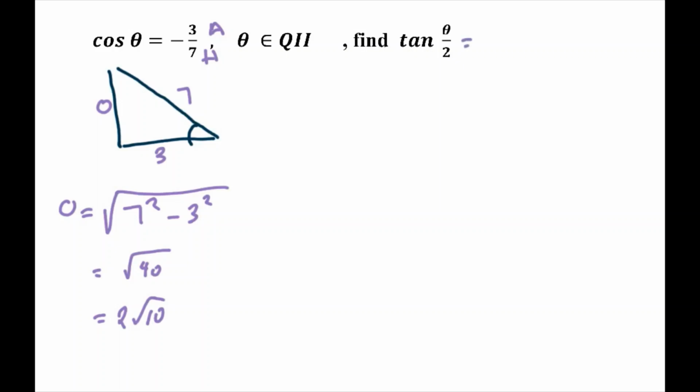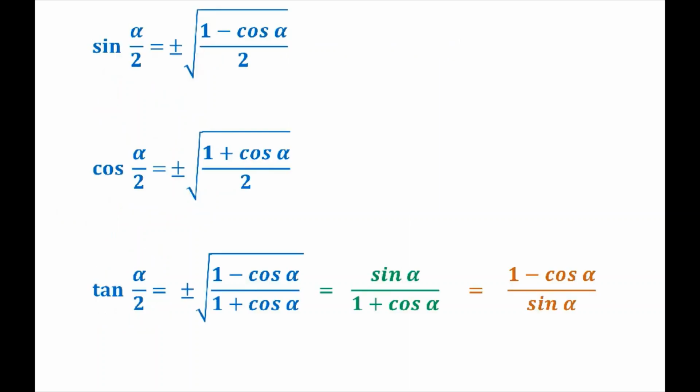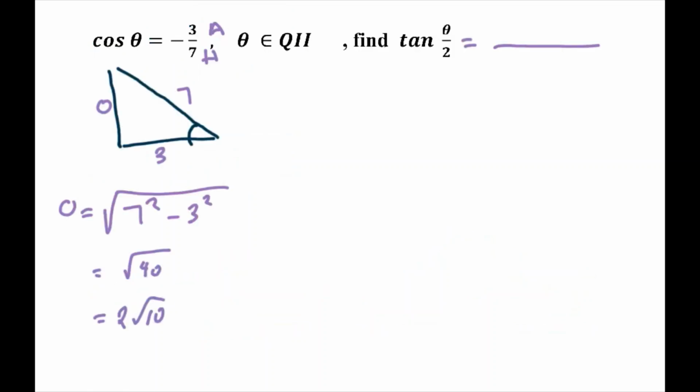Now tangent theta over 2, basically you can choose between these three formulas. I prefer to use the ones that do not have a radical, just because I don't want to study the sign. So here I'm going to say 1 minus cosine theta, I'm going to use the second one, over sine theta. So cosine is given.